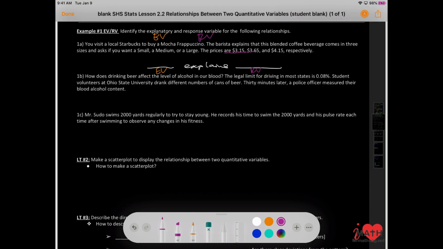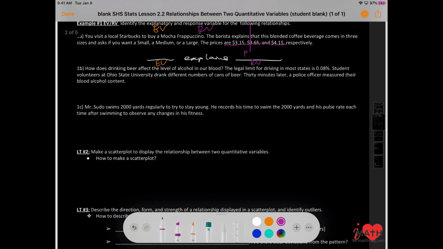The results are the prices here, right? Well, what explains the prices? It's the sizes. The size is the explanatory variable because it explains the prices, right? If you get small, you're going to pay less, and if you get a large, you pay more. Does that make sense? Let's try another one.